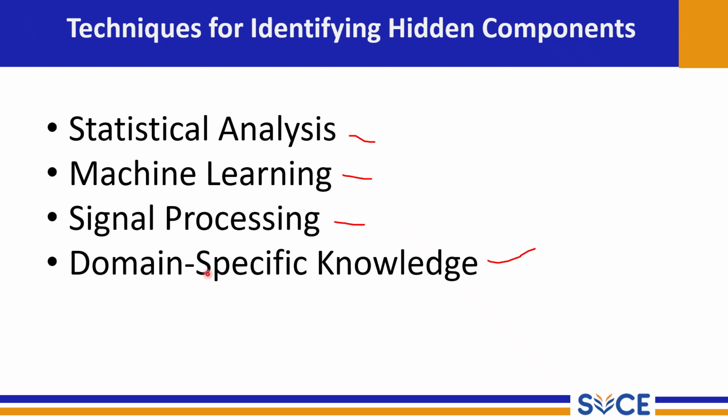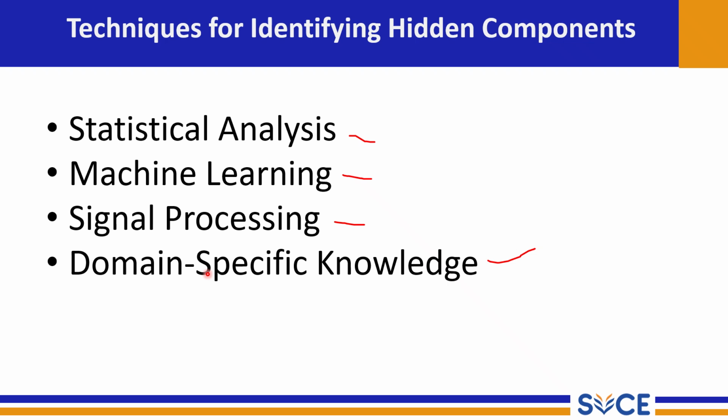Okay, so this is about the autoencoder. Here it deals with neural networks, right? And the second one, that is NMF. This is particularly useful for identifying hidden components in data that is inherently non-negative, such as images or text, right? And the third one, hidden Markov models, that is HMM.